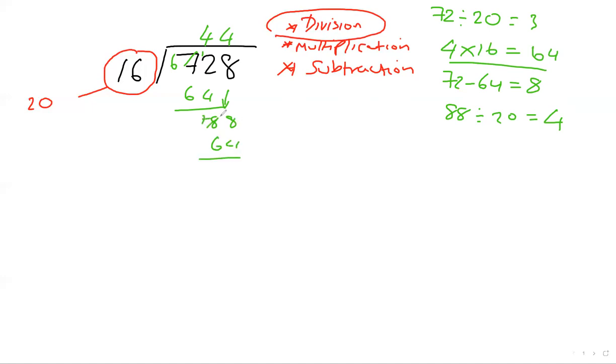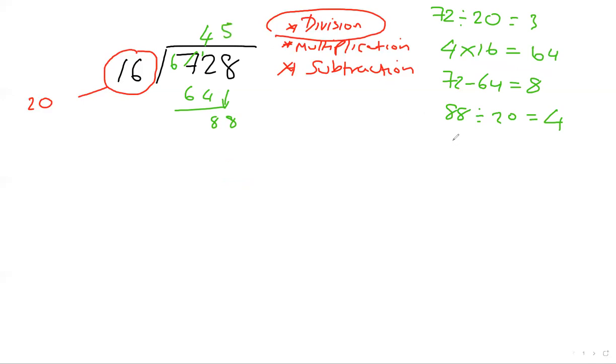88 minus 64. I don't know why I thought I needed to do the borrowing there. This is going to be 4, this is going to be 2. So 24 again, it's just too big compared to the 16. So we're going to need to go back a step in the division, and we need to change the 4 to a 5.